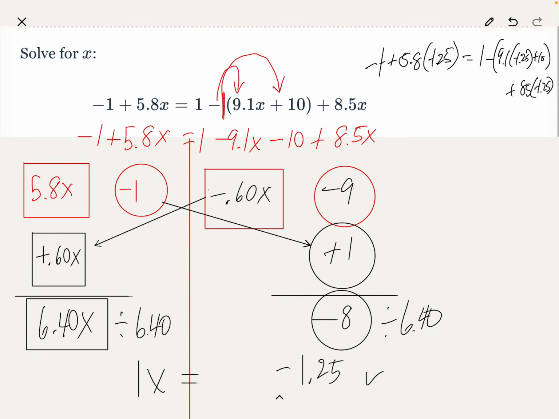Wow. So if we do that, we'll have a negative 1 plus 5.8 times a negative 1.25.